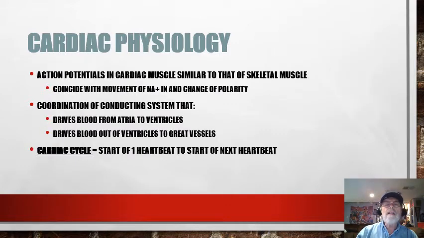So again, to review pretty much what we said with that cardiac physiology, the action potentials that we get in cardiac muscle are similar, but not exactly identical to that of skeletal muscle. And again, they are related to the same thing about sodium rushing in and that change of polarity, because we know that in cells we generally have a more positive charge on the outside because of the higher abundance of sodium on the outside, and on the inside, the cell membrane is a little bit more electronegative, not because of the potassium, which is in a higher concentration there, but because of large polar molecules and large negatively charged molecules like proteins that create a net negative charge in the cytoplasm, or on the inside level of the membrane, okay?